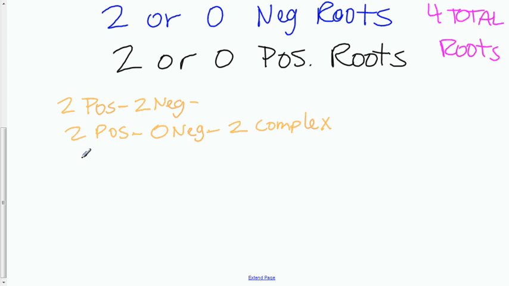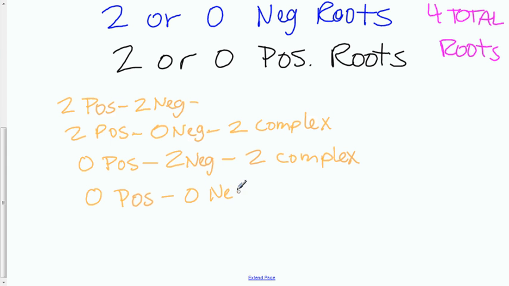You could also have no positive roots, 2 negative roots, and then that leaves 2 complex as well. Or finally, you could have no positives, no negative, which means there are 4 complex roots.